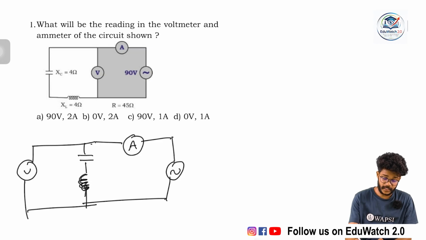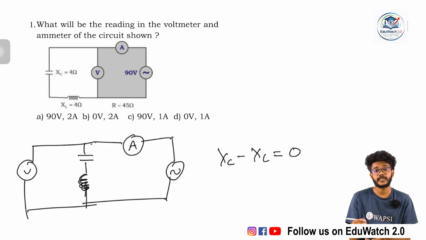So actually we see the difference between Xc and XL. Xc minus XL is equal to 0. So the voltage drop by Xc is just opposite the voltage drop by XL, so they are just opposite. So the net effect voltage drop across these instruments is 0.